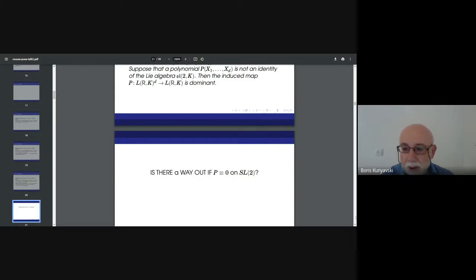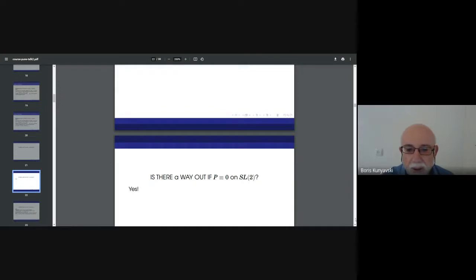So we ask whether there is a way out if P is identically 0 on SL2, say for Razmyslov's polynomials, and the answer is yes.